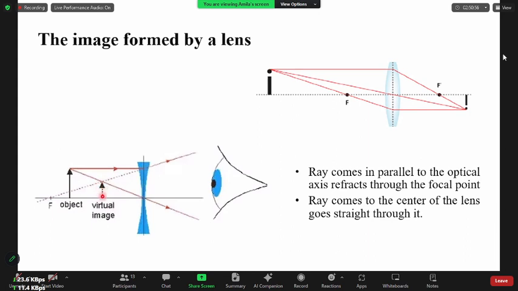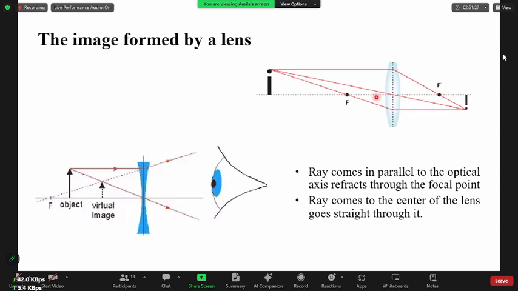Now this image is smaller in size than the previous one, but it is not inverted. Actually, depending on where you put the object, the image is also different. If you want, you can try out by drawing a few ray diagrams.